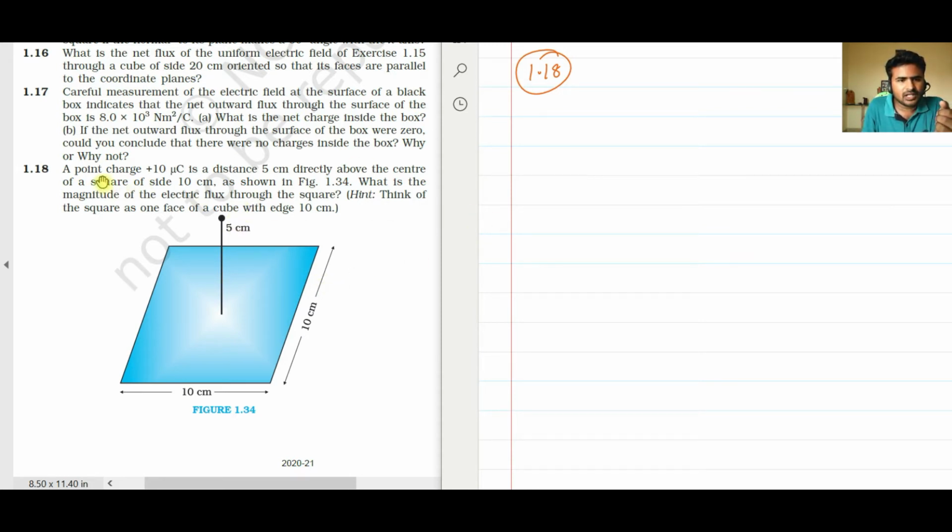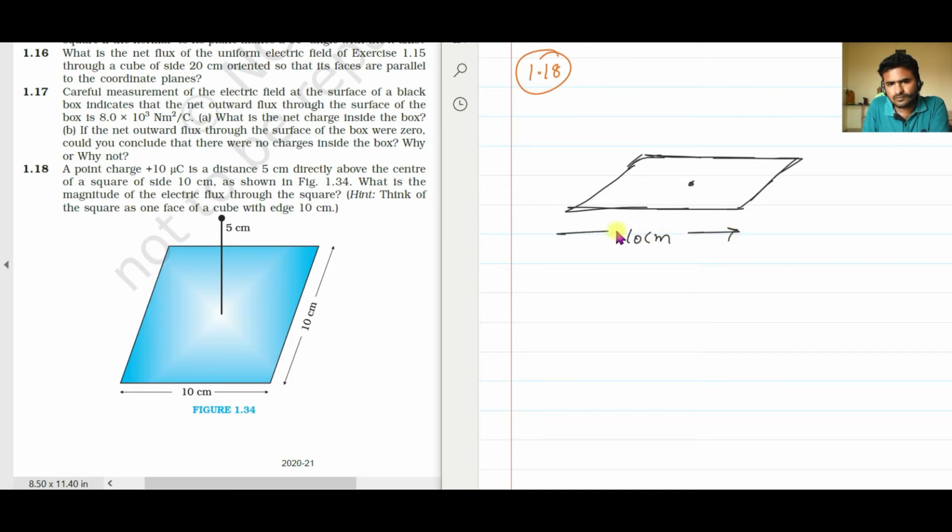They are saying that a point charge of 10 microcoulomb is at a distance of 5 cm directly above the center of a square of side 10 cm as shown in the figure. What is the magnitude of the electric flux through the square? Okay, so they have given a square plane and the side is 10 cm.